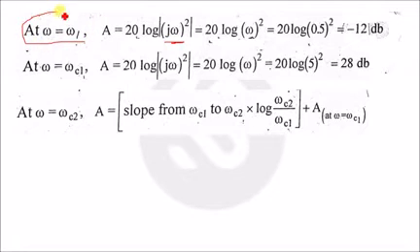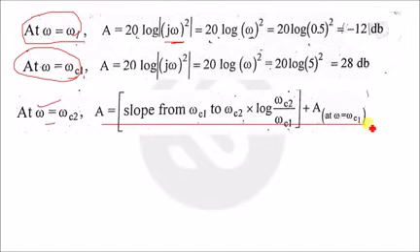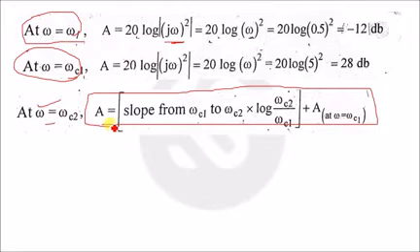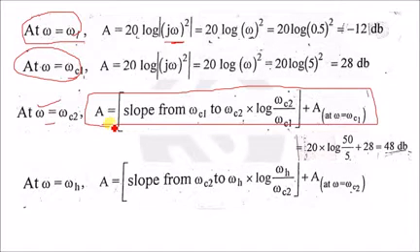So for omega L, the lower corner frequency, you directly found this thing. Then for the next corner frequency, you have to use this formula, or you have to use your geometry skill. So that will lead to 48 dB, and for omega H, the next corner frequency, that is 48 dB.